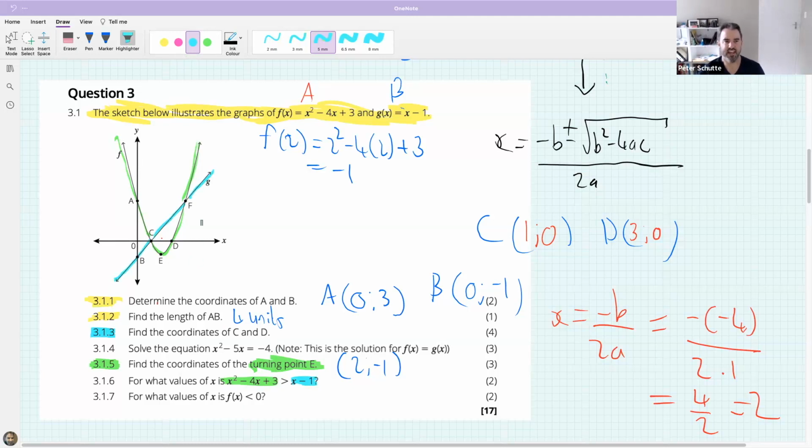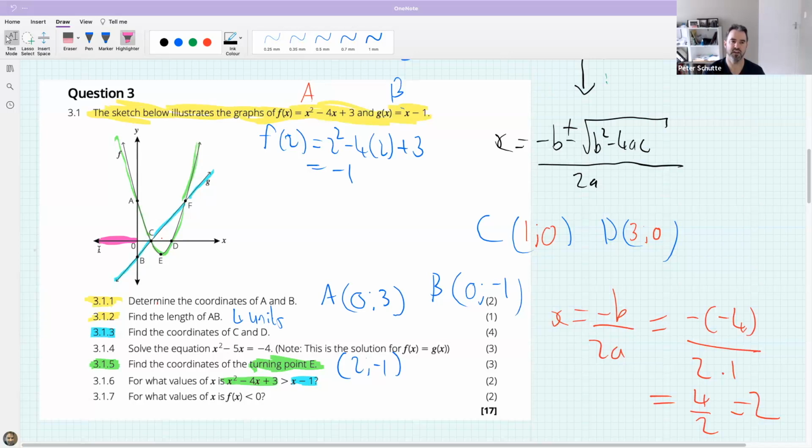What this is saying is for what values along the x-axis, so for what values along this line here, is the green one above the blue one? So if I start over here, is the green above the blue at this point in x's life?